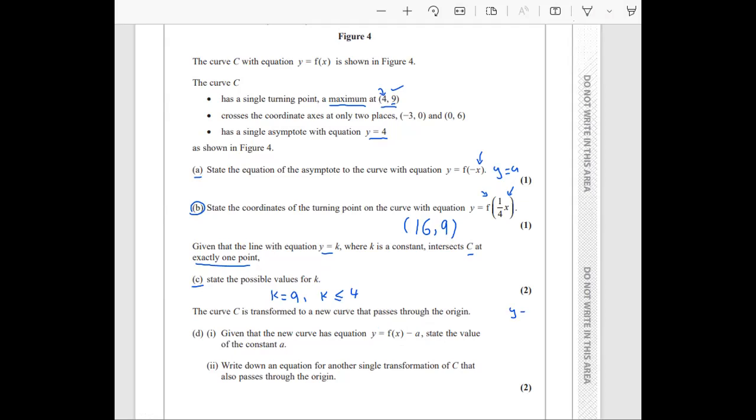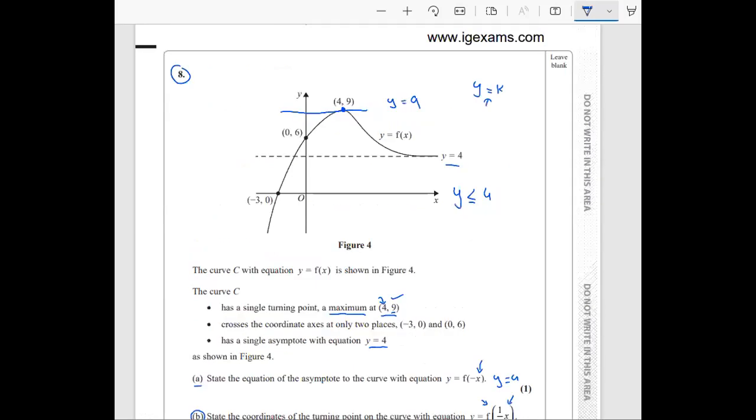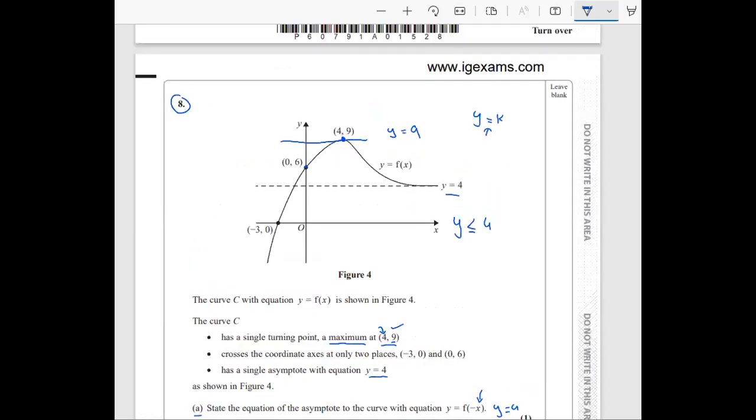In order to transform the curve such that it passes through the origin, we need to move this point to the origin. So this is positive 6. We need to come 6 units down. That is why we have minus a.